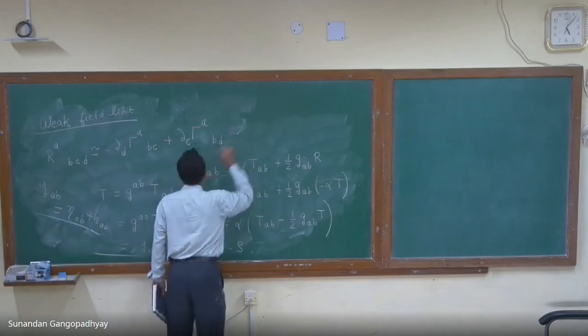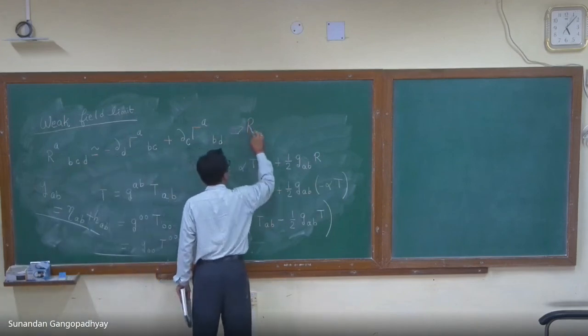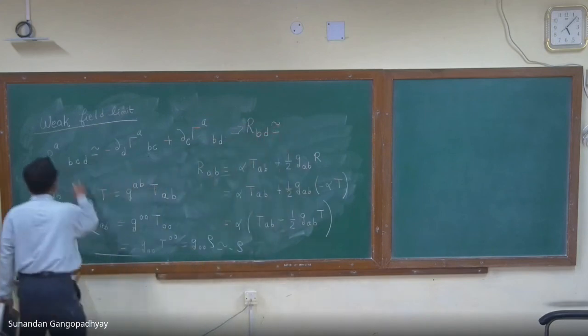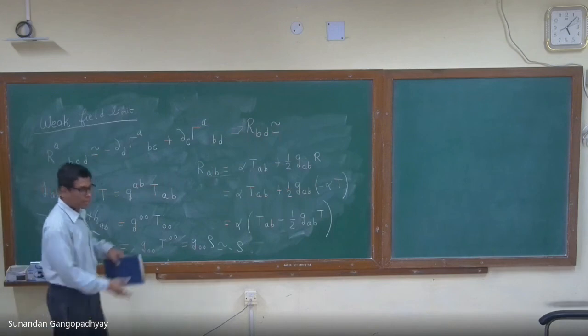Okay. So if this is fine, from here you can immediately write what R_BD is. For R_BD we just need to contract A and C, the first and third index.